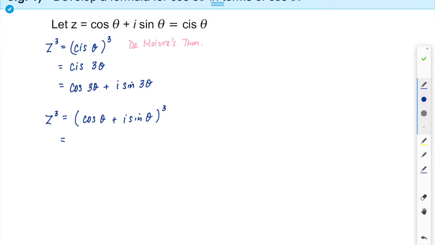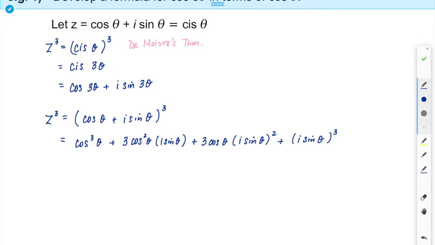I know that the power of 3 refers to the row in Pascal's triangle which is 1, 3, 3, 1 for the coefficients. So I have cos cubed theta plus 3 cos squared theta i sine theta plus 3 cos theta i sine theta squared plus i sine theta cubed.